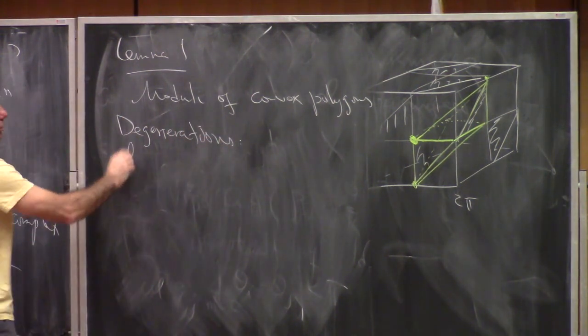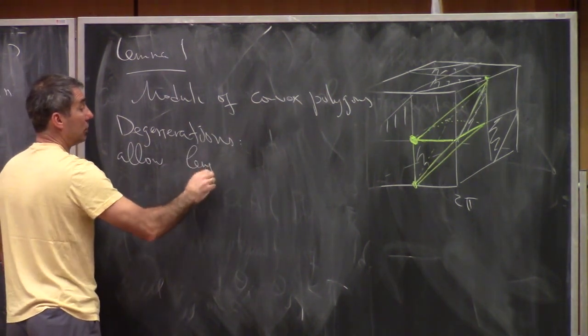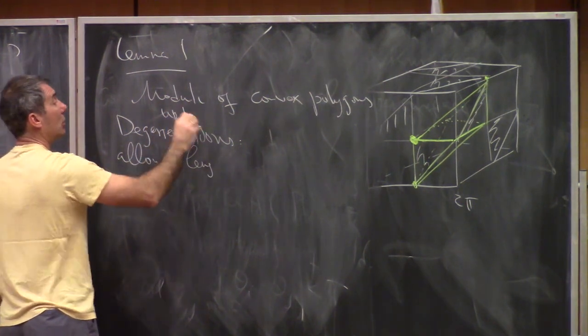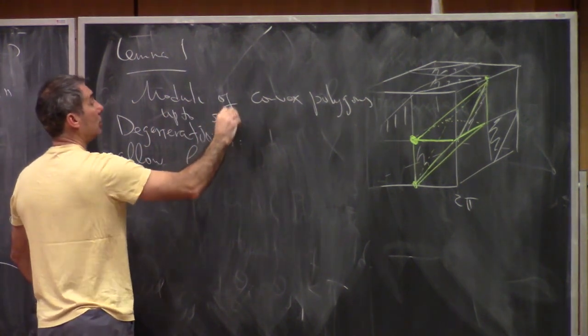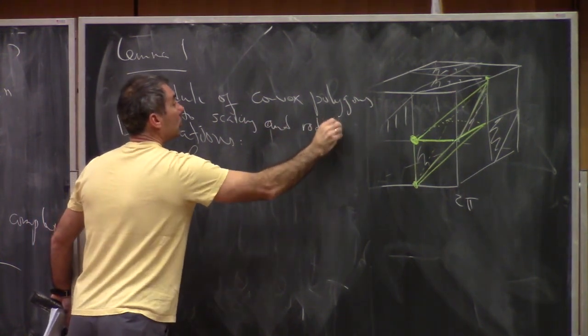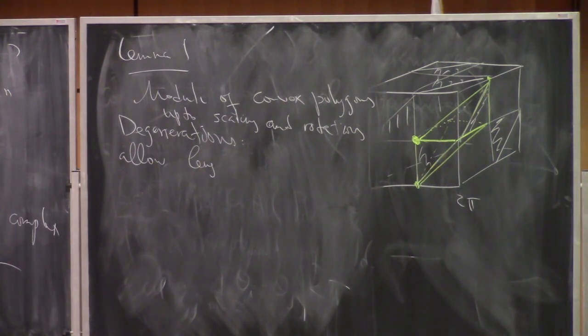You allow lengths to be 0, modulo, of course, scaling and rotation, because we can multiply all the variables by a non-zero complex number.